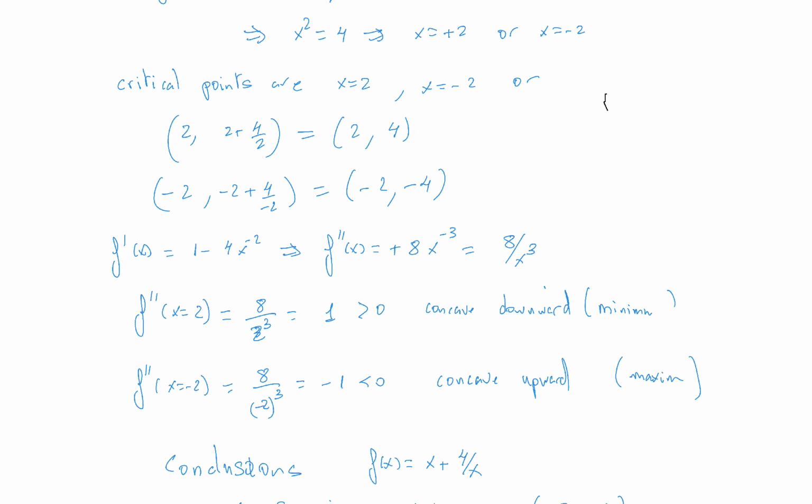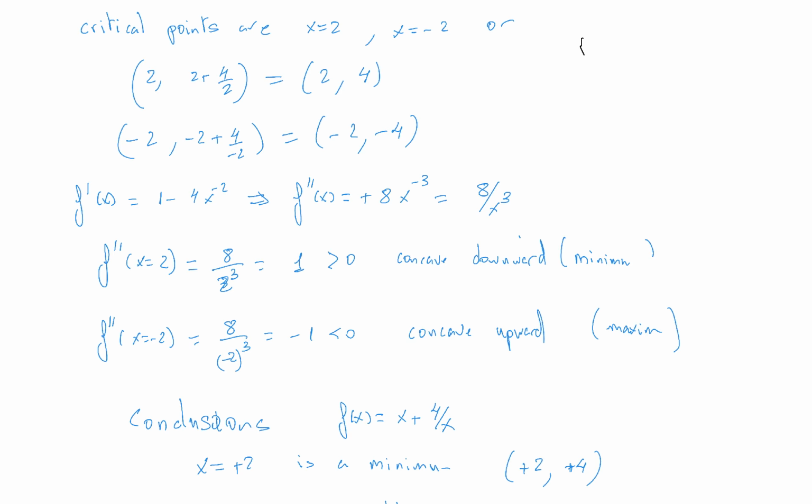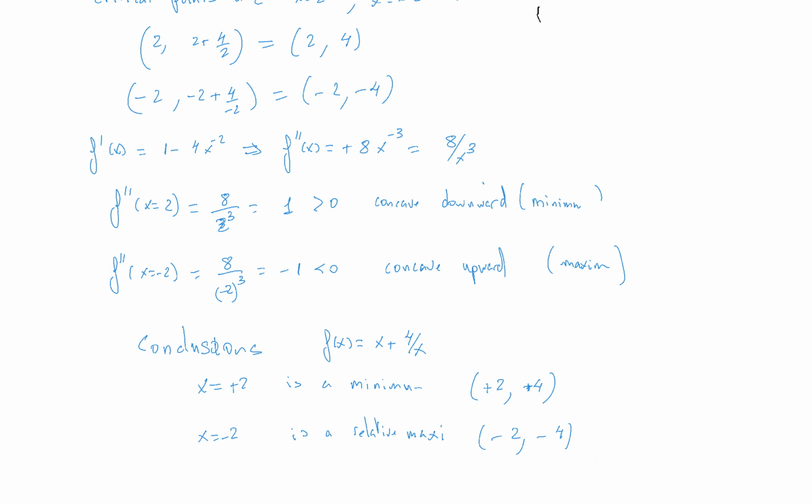You can find the intervals because the second derivative is positive when x is positive and negative when x is negative. So it is concave upward on the interval 0 to infinity, and concave downward on the interval minus infinity to 0.